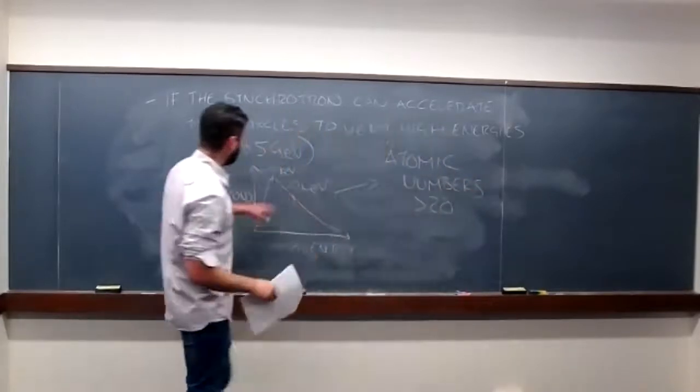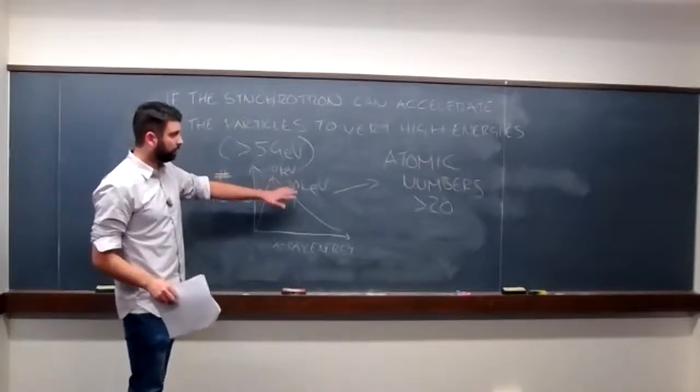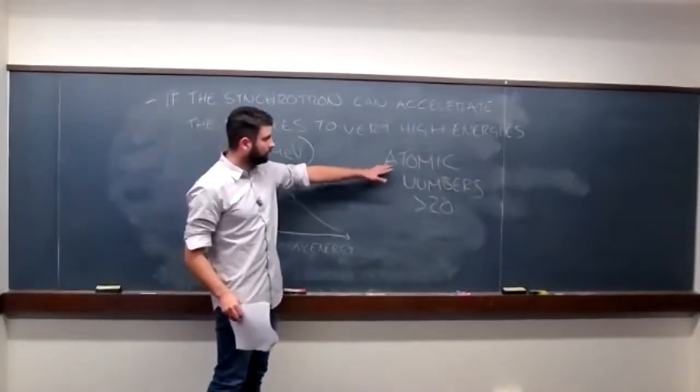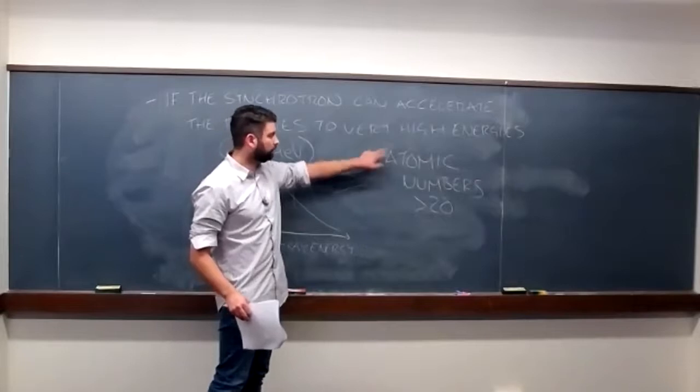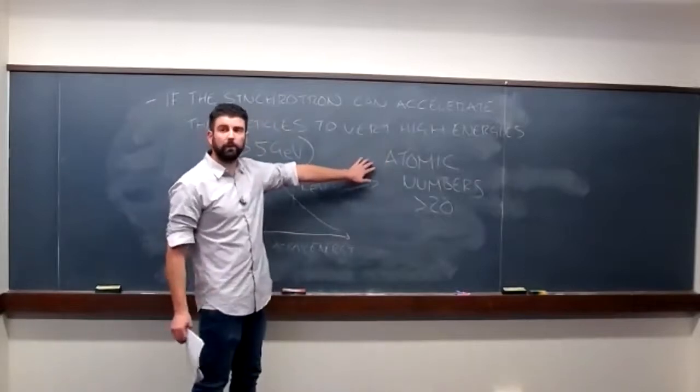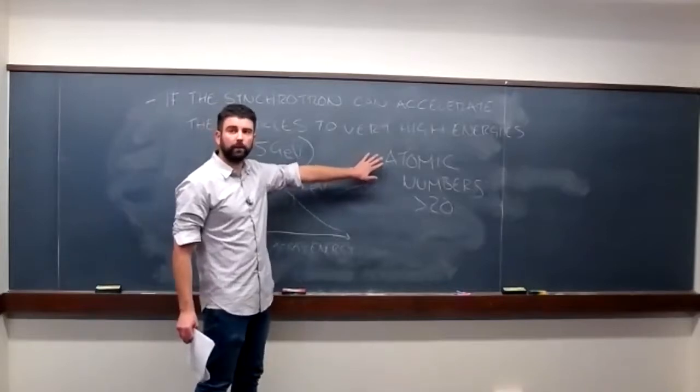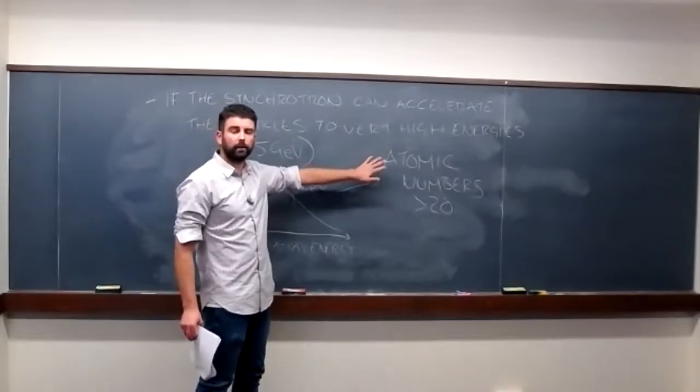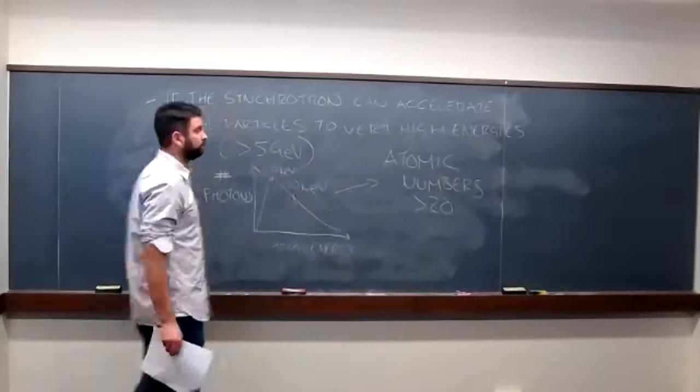So at about 30 kiloelectron volts and above, we can start getting through millimeters of materials with atomic numbers greater than 20. And there's lots of structural materials that we're interested in this range. Things like titanium, iron, copper, and nickel are all in this range.